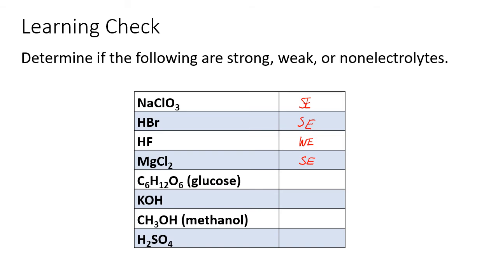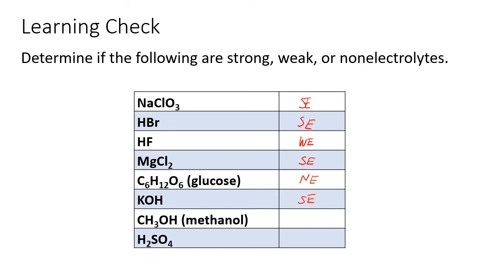C6H12O6, this is glucose. Notice that we have all nonmetals together, and so this would be a molecule. It contains carbon, hydrogen, and oxygen, and it's not going to ionize at all. This would be a non-electrolyte. KOH, or potassium hydroxide, this is a strong base. It's also an ionic compound, so it'll ionize into K+ and OH-, and it'll be a strong conductor of electricity.